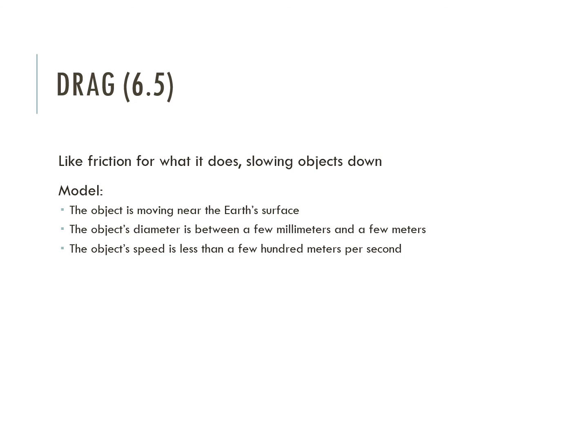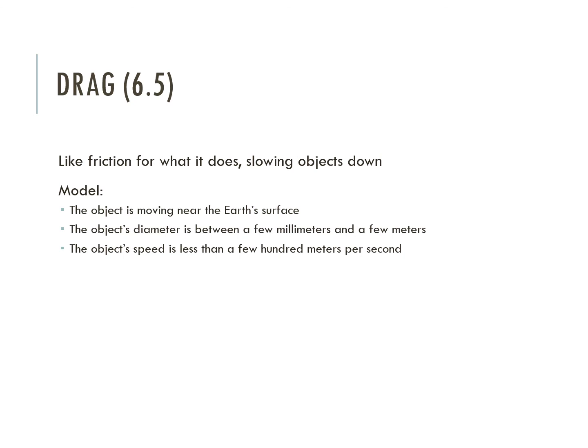With the drag equation, we are actually going to be making a couple of assumptions. First is that the object is moving near the Earth's surface, and near the Earth's surface is within a couple of kilometers of the Earth. This makes it so that the air density is roughly the same throughout, because as we go up higher through the atmosphere, our air density changes, and that would change how our object moves.